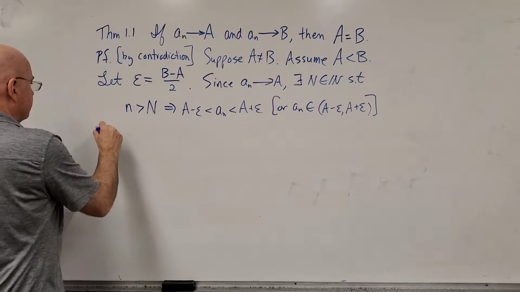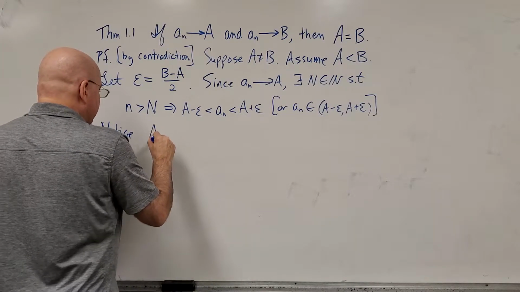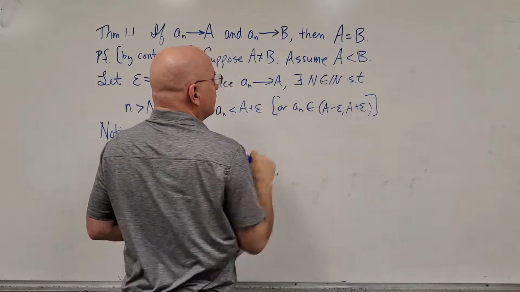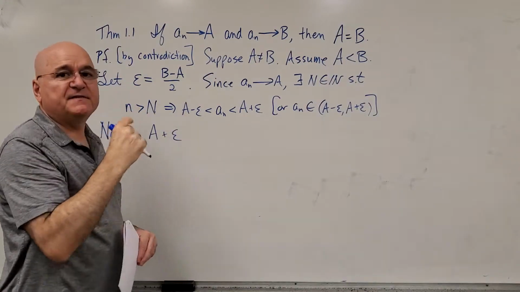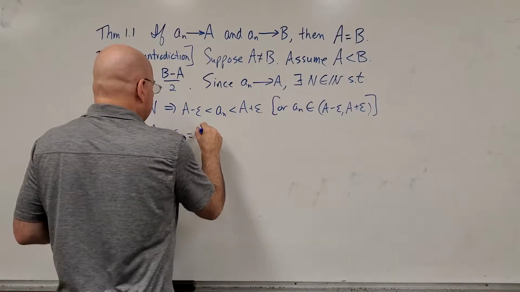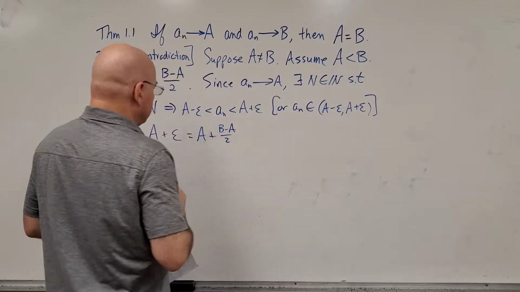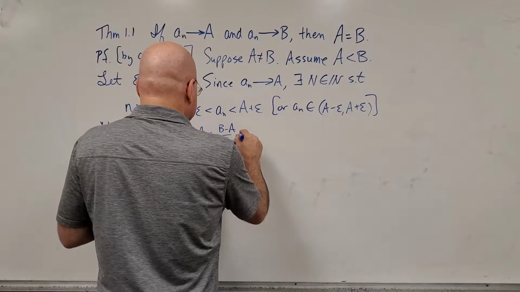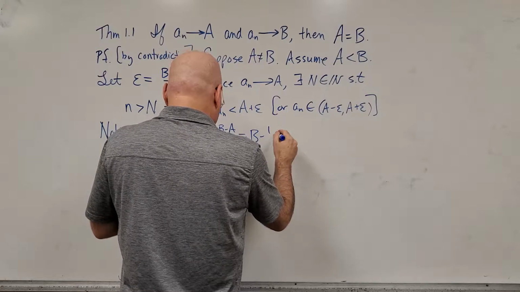Now notice that A plus epsilon, remember that A is the smaller of the two numbers. And we defined epsilon to be half of the distance between A and B. So this is equal to A plus, which if we do some algebra, we can see is actually equal to B minus A over 2.